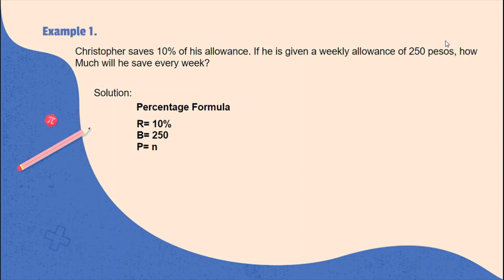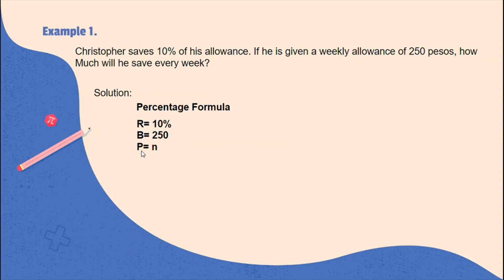We know that the rate always carries the percent sign, so 10% is our rate. 250 is the total allowance Christopher receives every week, so 250 is our base. And how much he will save for the week will be our percentage.